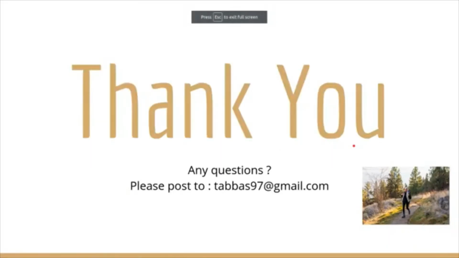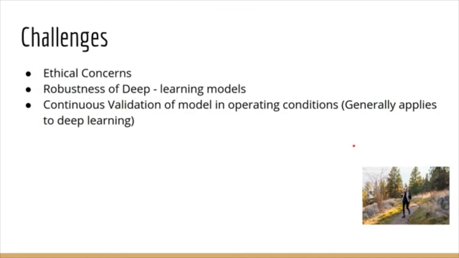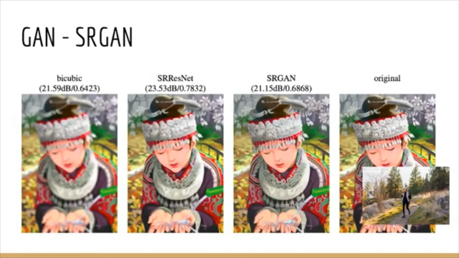And with all of these models, the challenges of using image super resolution come up. There are ethical concerns in particular, because if you observe the SRGAN model, it is hallucinating features and not in the exact same geometry.